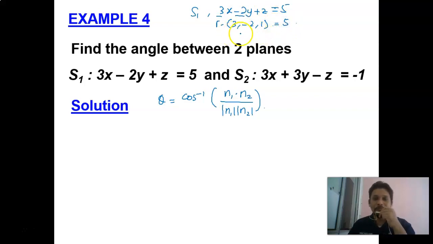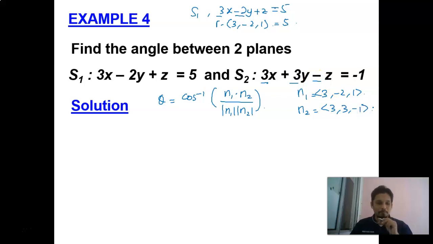So here n1 is for this equation of S1, which is 3, negative 2, and 1. And n2 equals 3, 3, negative 1. There you go. So the first thing is we are going to find the absolute value of n1 and the absolute value, the modulus, of n2.